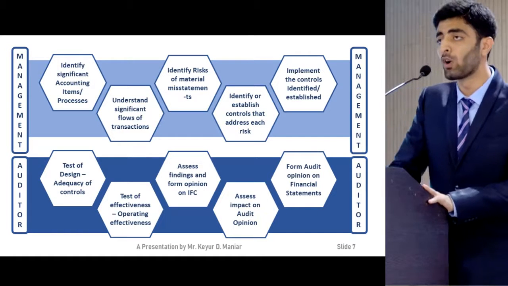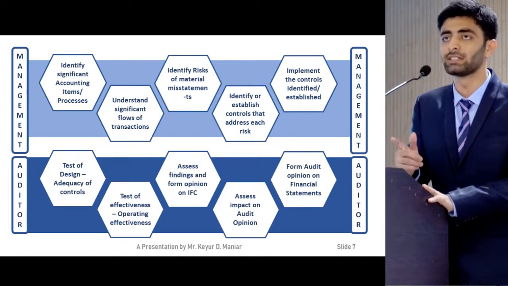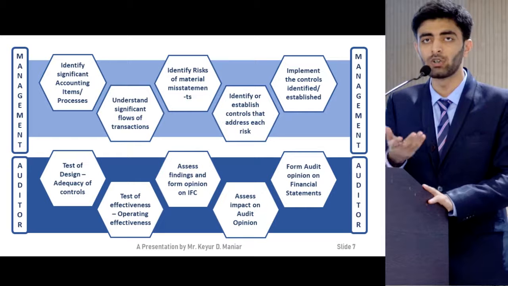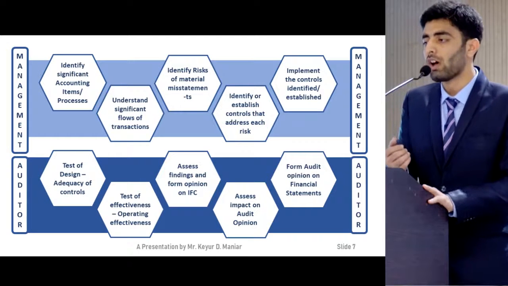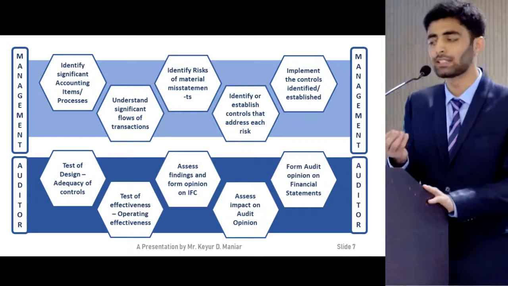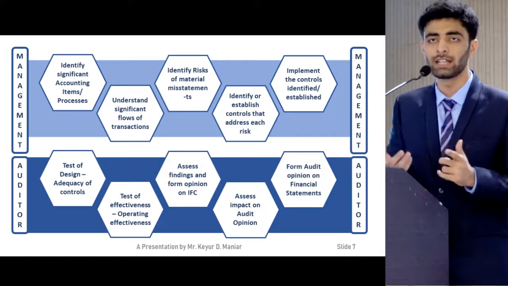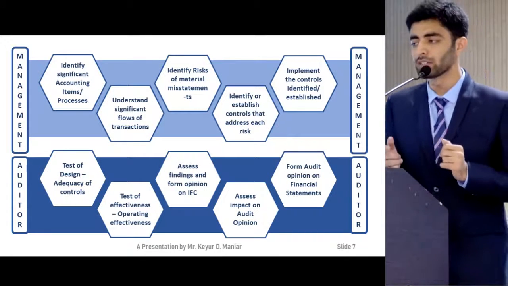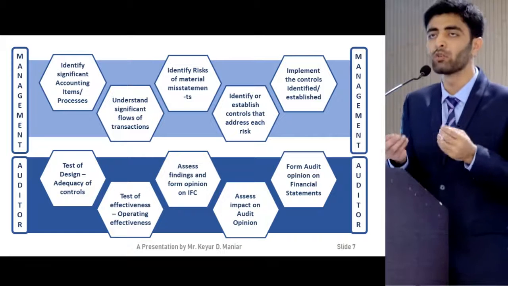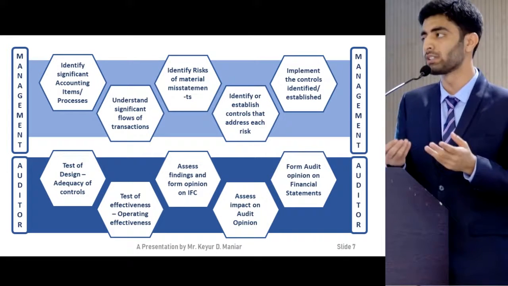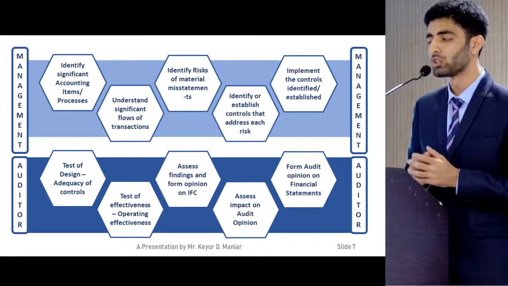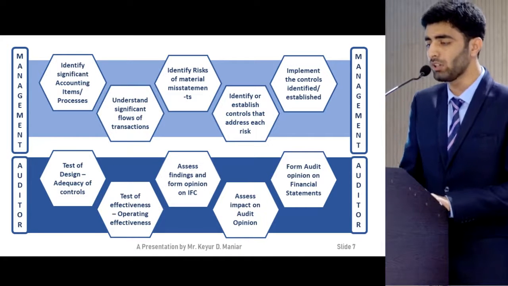Then they have to identify what are the risks involved in each process which can result in material misstatement. After that, they have to identify or establish controls that can address each element of risk. Finally, they have to implement the controls they have established or identified. So these are the roles of management.